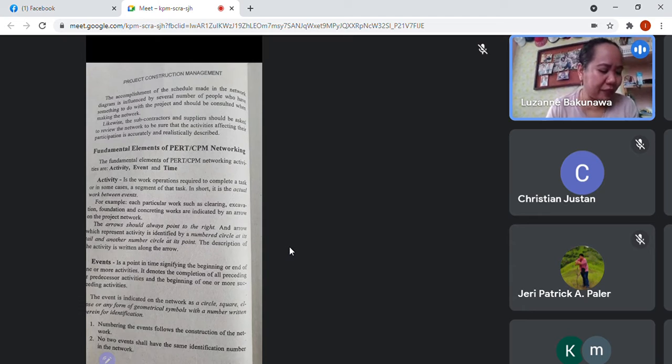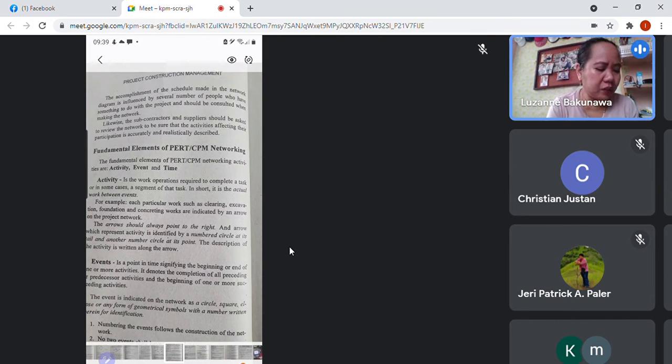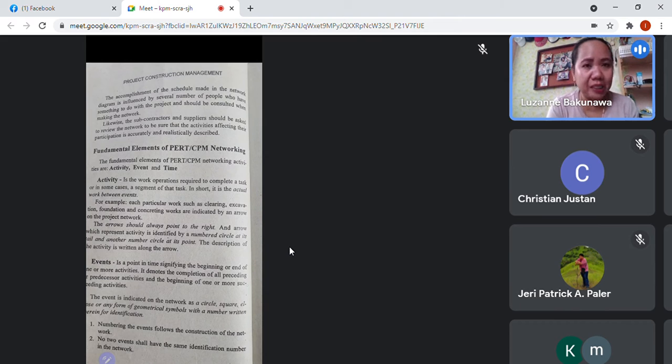Events. So ang events is a point in time that signifies the beginning or end of one or more activities. So it denotes the completion of all the preceding or predecessor activities and the beginning of one or more succeeding activities. So that is the indication that you are going to start or end the activity.